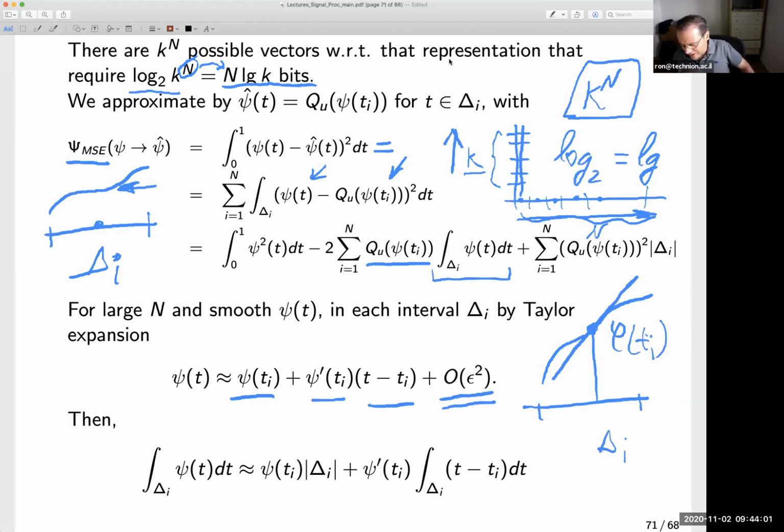Now, if I integrate, remember that what I have here is this integration of phi about this point, then what happens is that all the constants are being pushed out of the integration. And what I have here is integration over t minus ti, where remember ti is the middle of my interval.